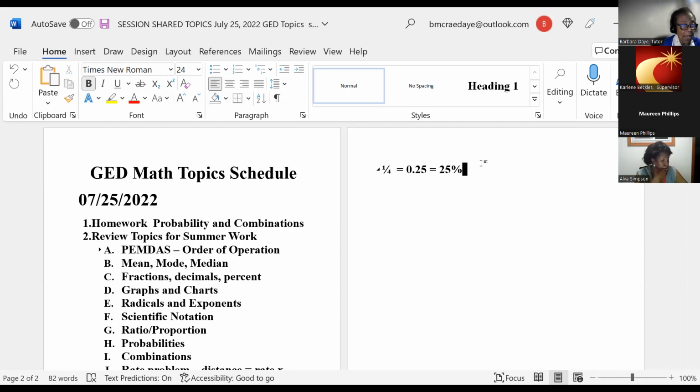You can refer to that when you do the problems, okay? So you'll have problems on decimals, fractions, and percents. There'll also be some graphs and charts. Alva, give me two kinds of graphs. Just the names of two kinds of graphs.